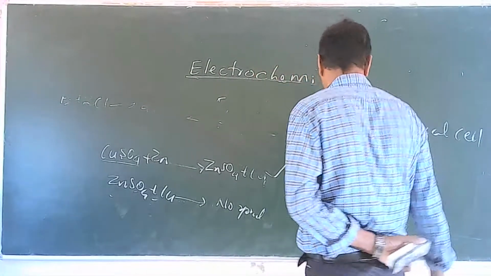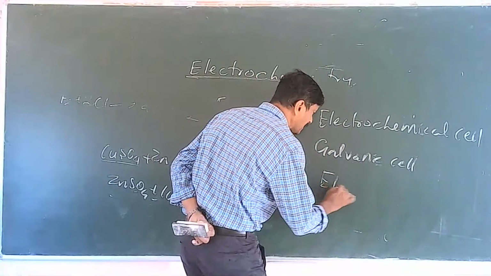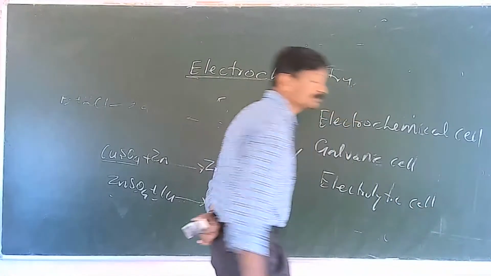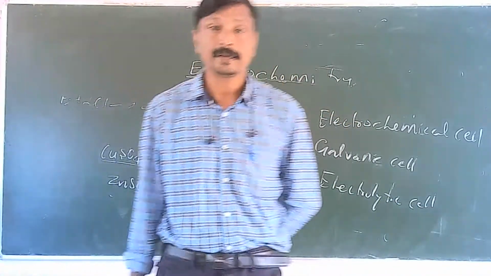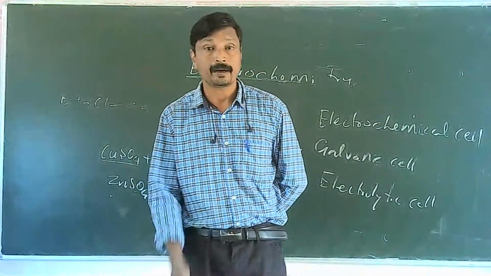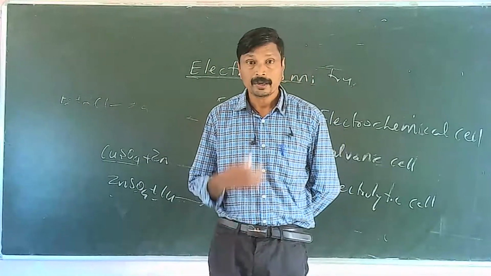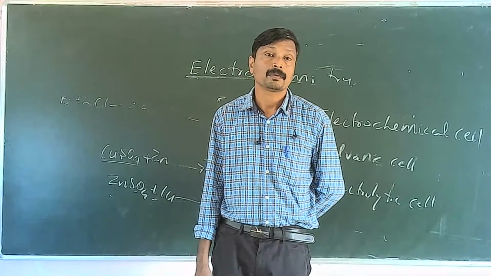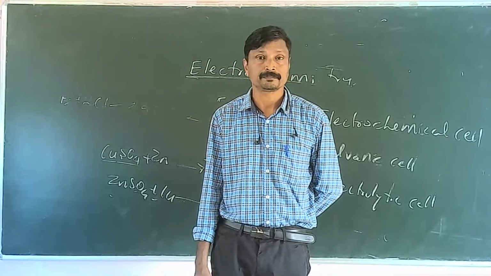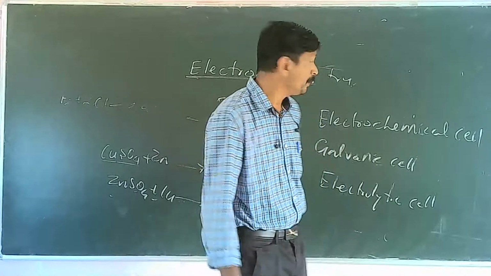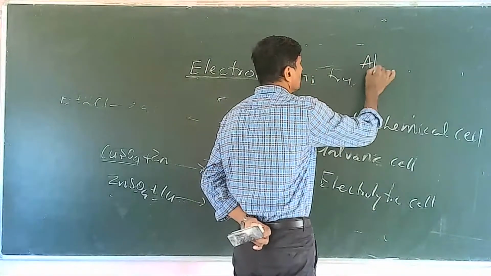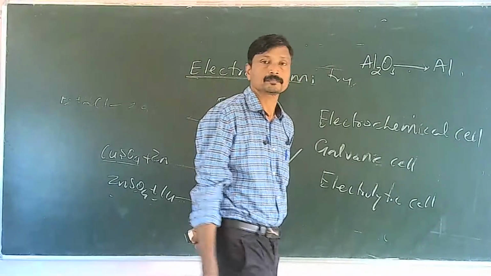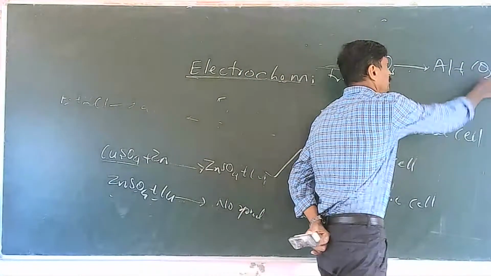One more cell is the electrolytic cell. You have already studied the Hall-Heroult process, the production of aluminum. You converted Al2O3 to aluminum and carbon dioxide.